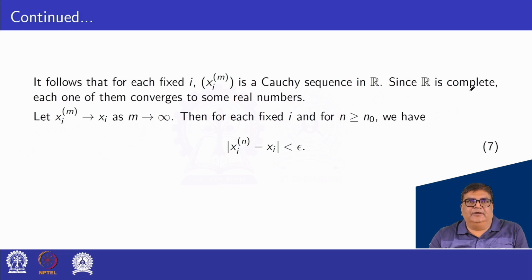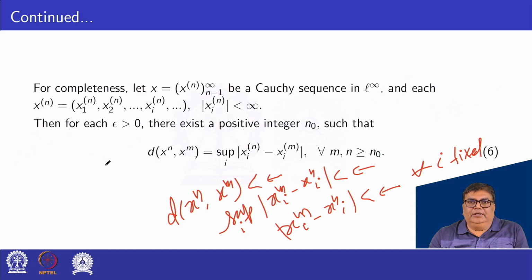Since R is complete, each one of them converges to some real number. Suppose x_mi converges to the point x_i. Here mod x_mi minus x_ni is less than epsilon for all m, n greater or equal to n0, that is, this is a Cauchy sequence for fixed i.